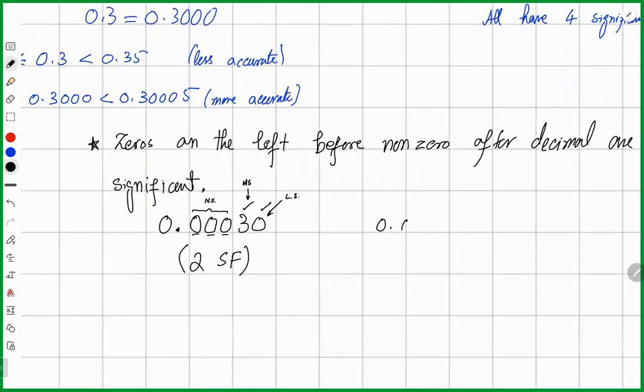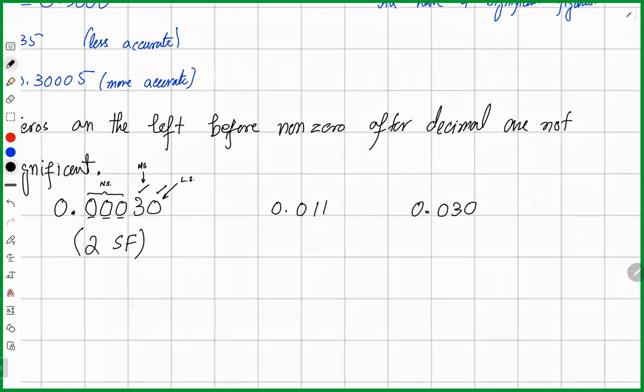0.0011, 0.030, 0.0000025, all have only 2 significant figures.